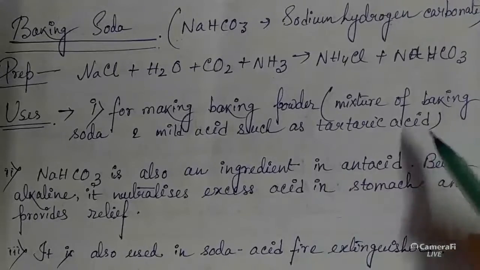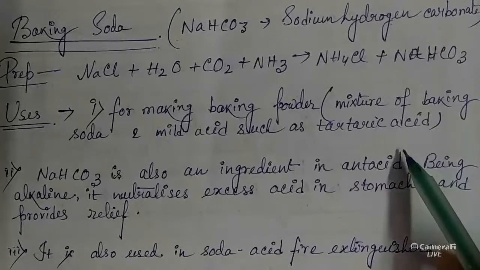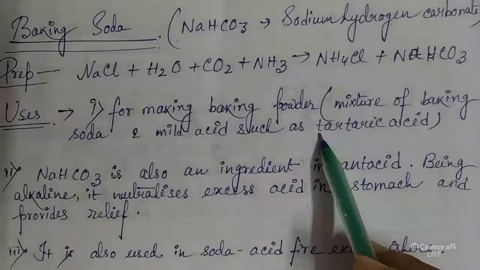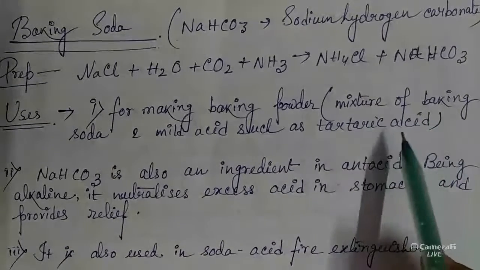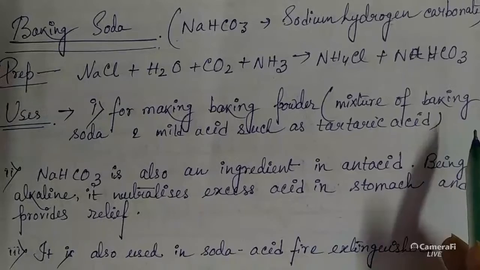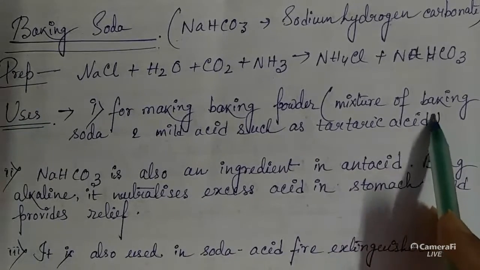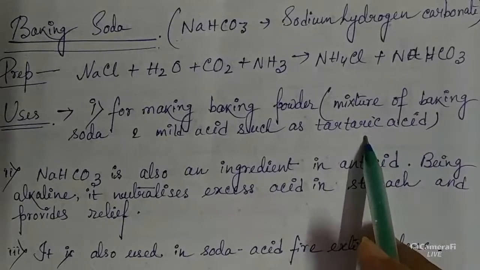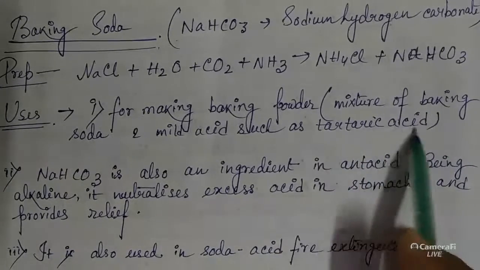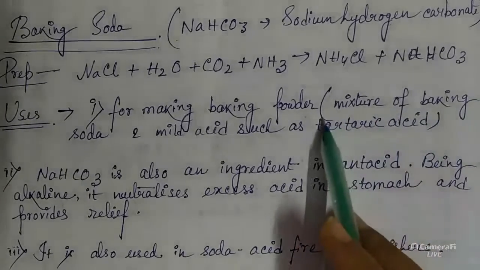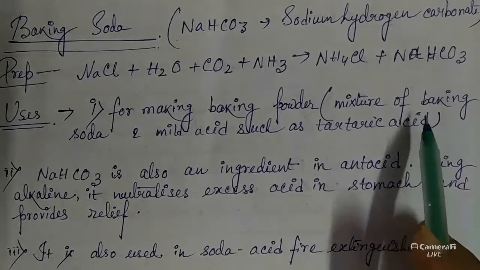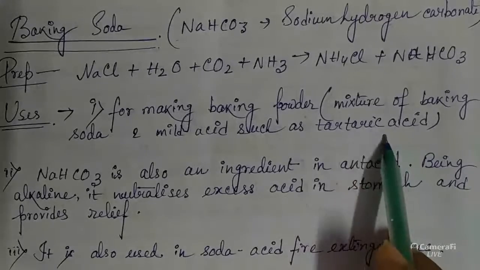Citric acid is present in lemon. Tartaric acid we can also use as an organic acid. And lactic acid is present in curd. So just like that, tartaric acid is also an organic acid which we can take.